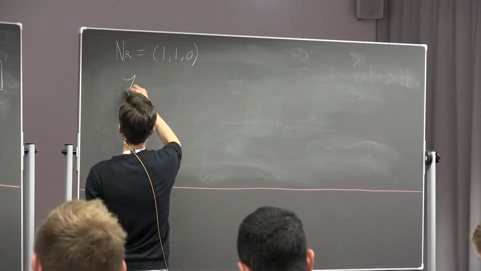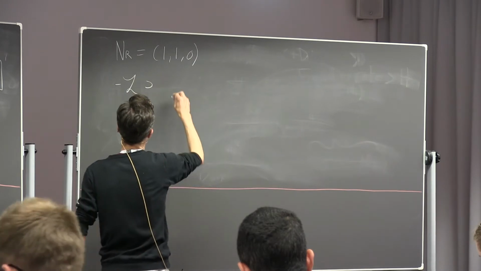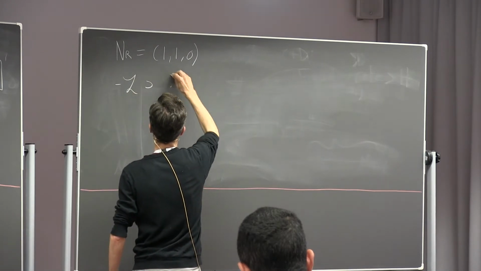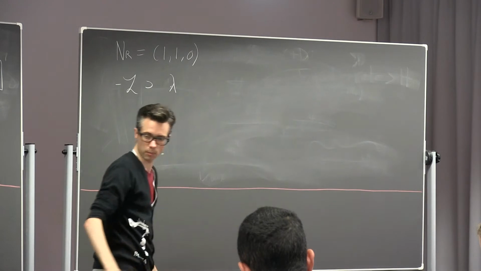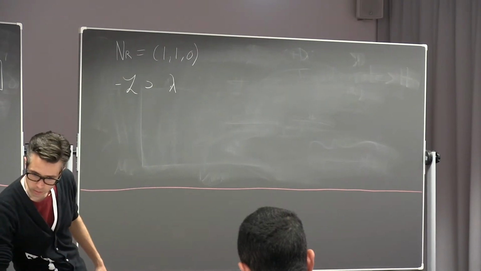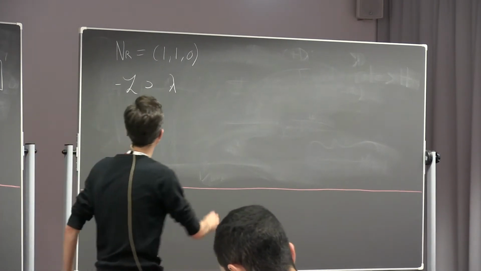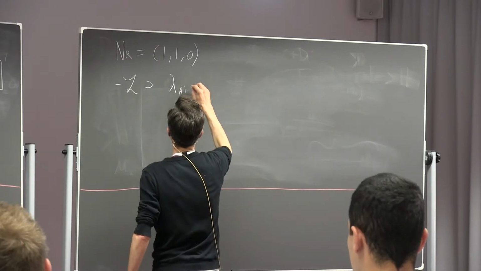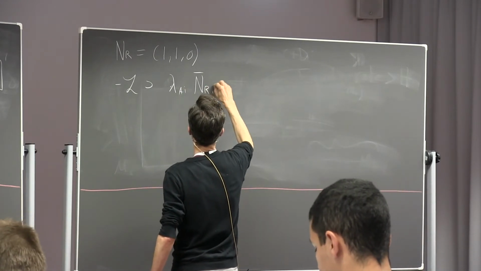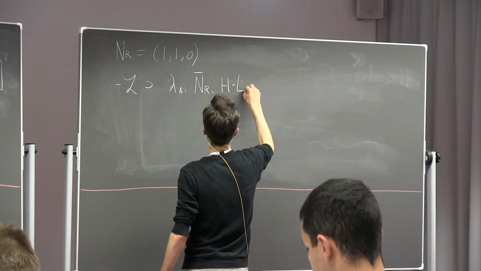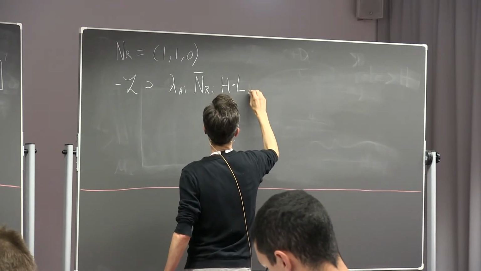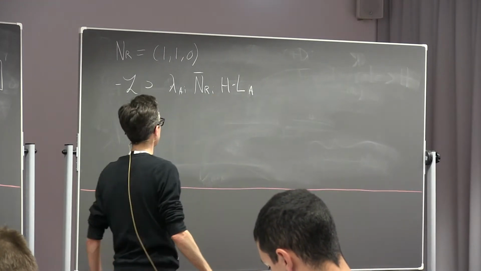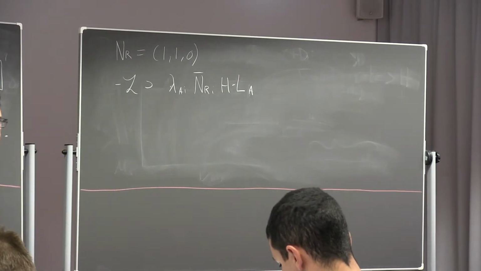And the minimal interaction you can write down that generates neutrino masses is, let me just get my notation right, is lambda times this combination.